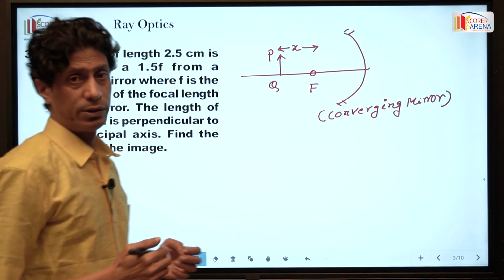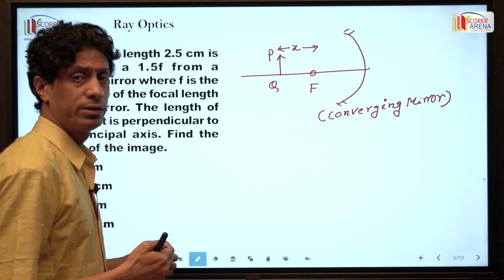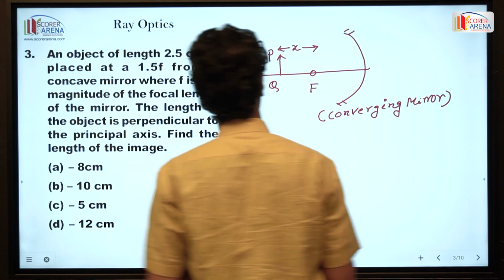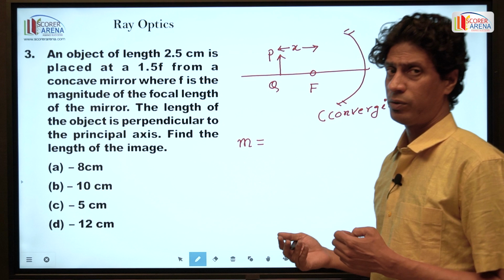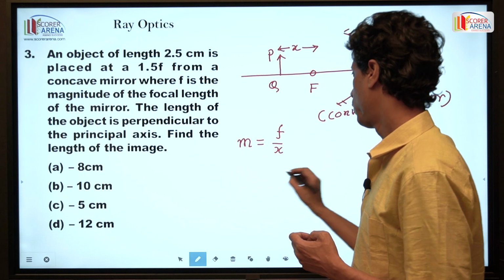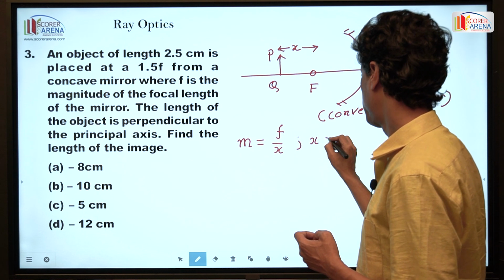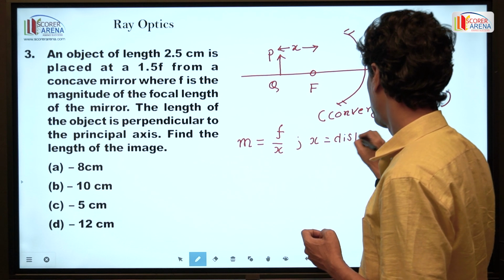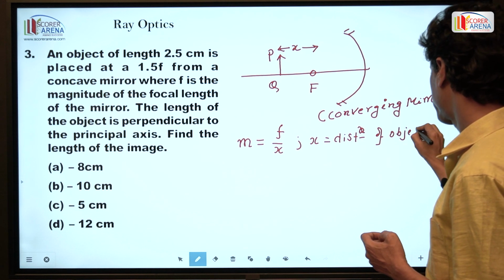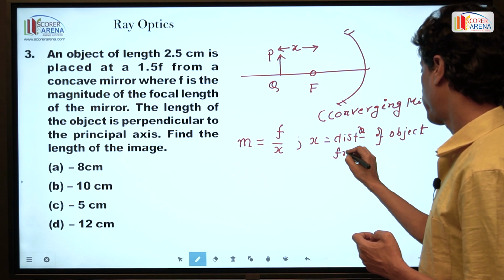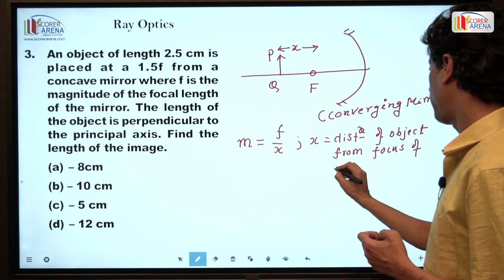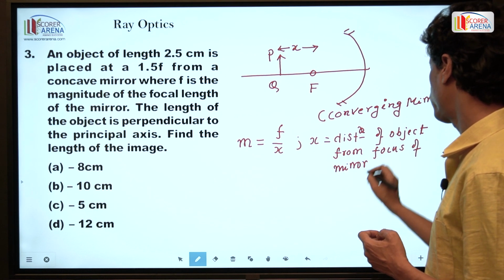According to Sir Isaac Newtonian concept, magnification of an image is equal to f by x, where x is the distance of object from focus of mirror.